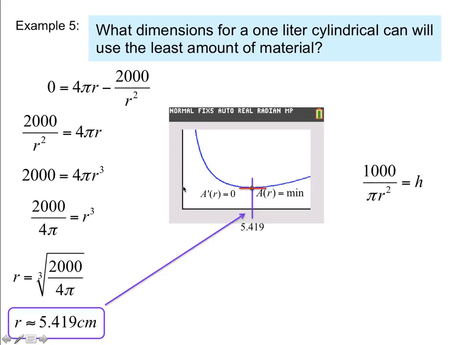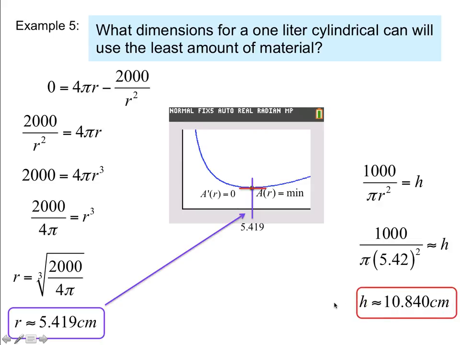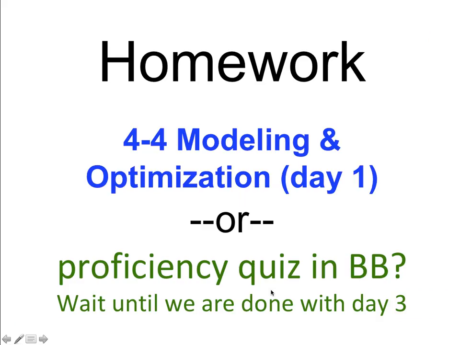So what does that give me in terms of height? Well, I go back to my constraint equation, and it's been rearranged to solve for height. And I plug in that radius, and I get a height of about 10.84 centimeters. So I know I need a can that has a radius of 5.419 and a height of 10.84 centimeters. That's going to be the can that uses the least amount of material.